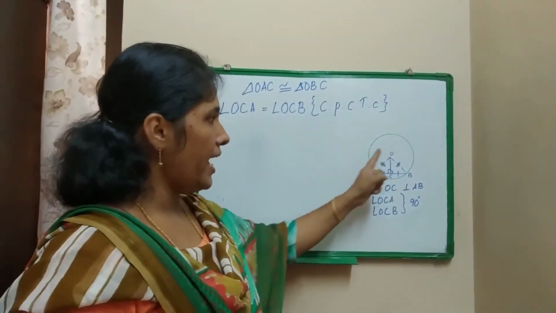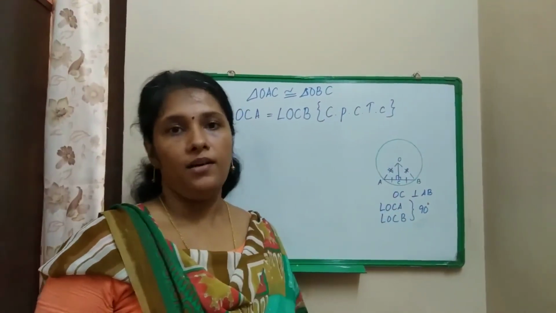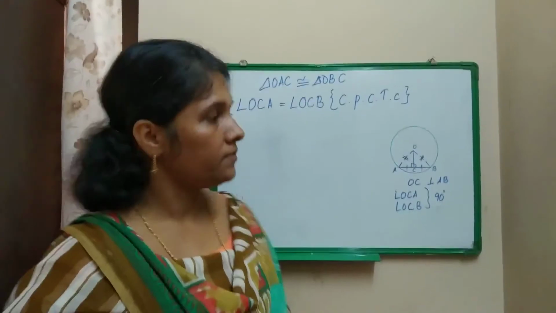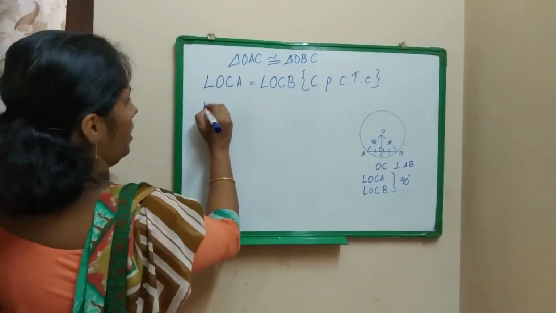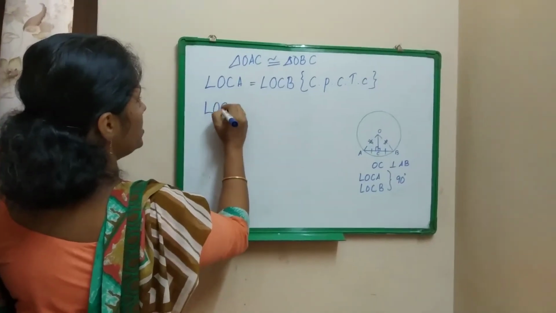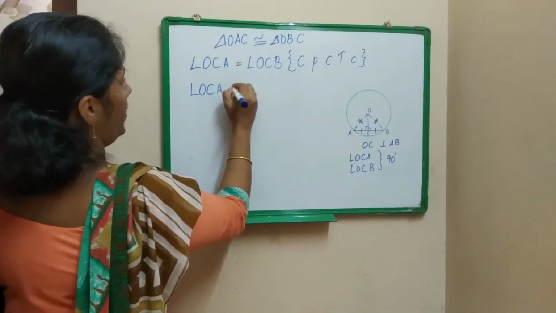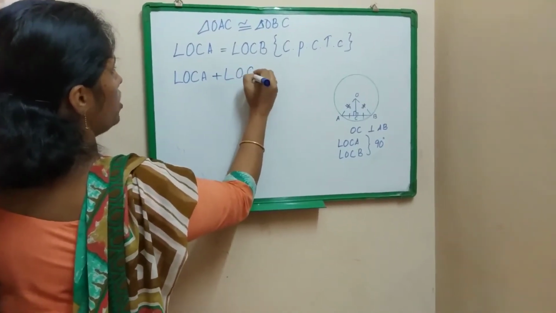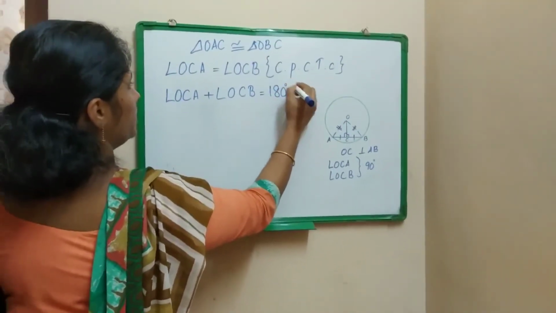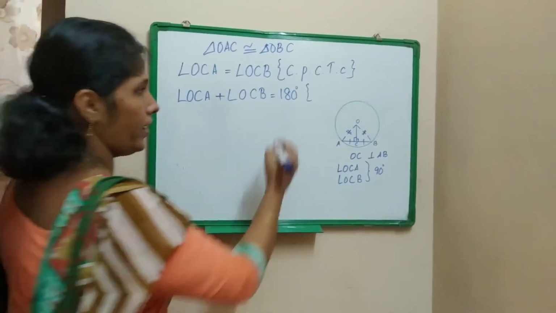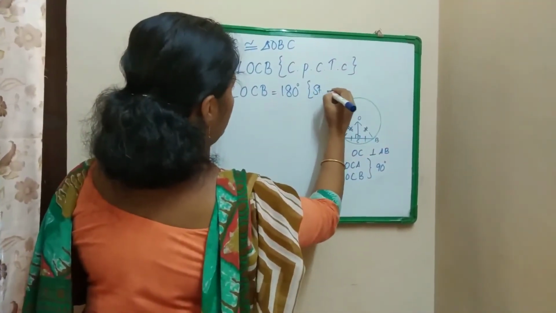Angle OCA and angle OCB are the corresponding parts. And from the figure, you can write angle OCA plus angle OCB equal to 180 degrees. Reason is straight line or straight angle.